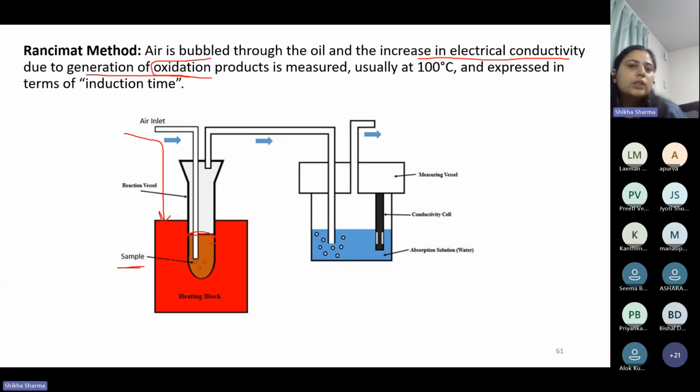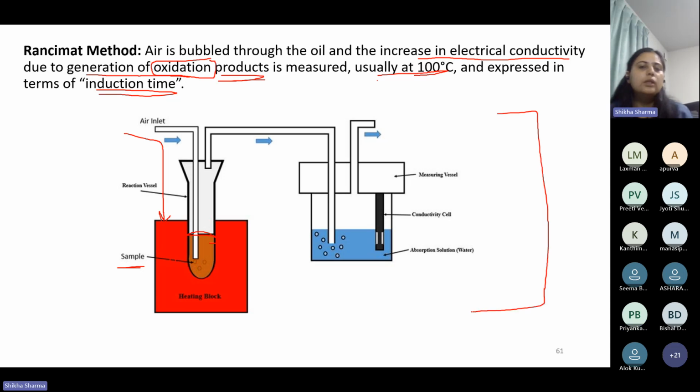Because of the oxidation products, the electrical conductivity of the oil changes, and we measure the electrical conductivity and know how much oxidation happens. It is usually done at 100°C and is expressed as induction time. This kind of setup we generally use for measuring by the Rancimat method.